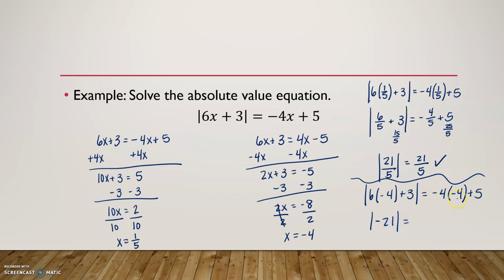This would give me -16 plus 5, which would give me -11. And here we see proof of why it is so important to check your work. This answer did not work. And so that means that x equals -4 is what we call an extraneous solution.